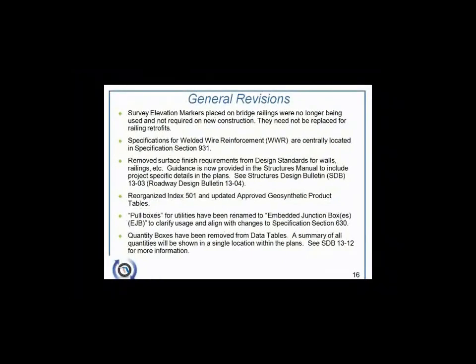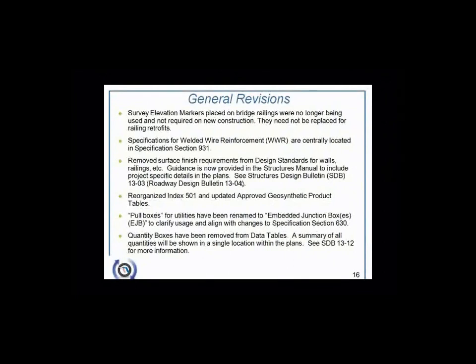So there's a series of indexes in the 400 series where that note has been removed. Also, the specifications for welded wire reinforcement: the ASTM specifications are centrally located now in Section 931 of the standard specifications, so those notes throughout the design standards have been modified to reference 931.